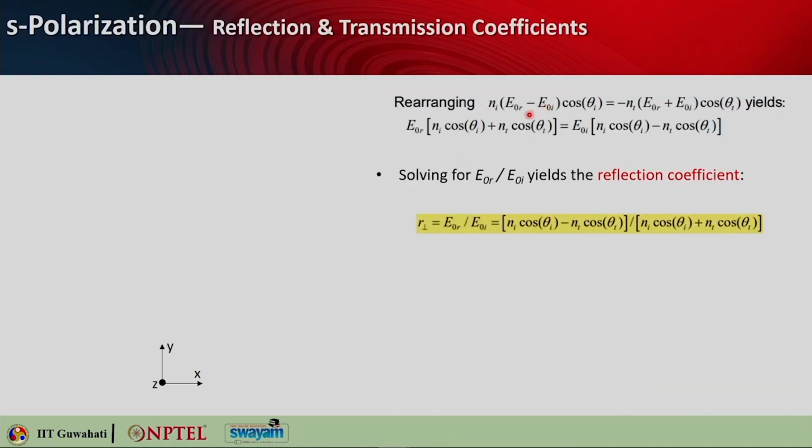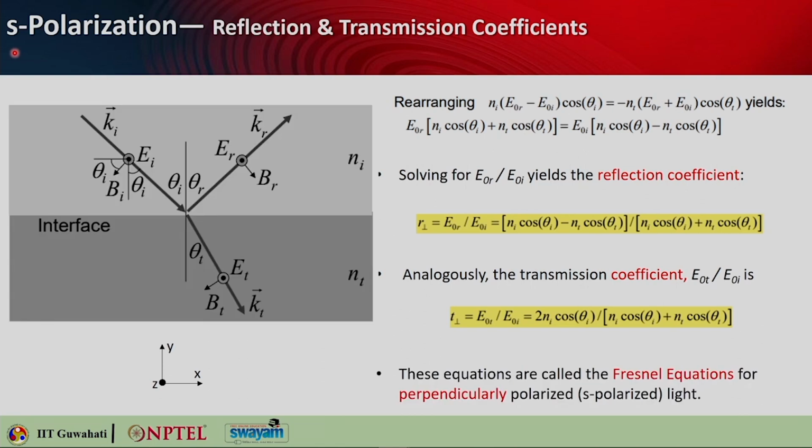So now if you take this equation and rearrange the terms and put everything like E0R on one side and E0I on another side, this is what you are getting. This is simply side changing, and finally you get this. And from this equation, it is very simple. You can simply do E0R over E0I, and that is your reflection coefficient. So you can call it small r. And why is it given perpendicular? Because you are doing it for S polarization, okay.